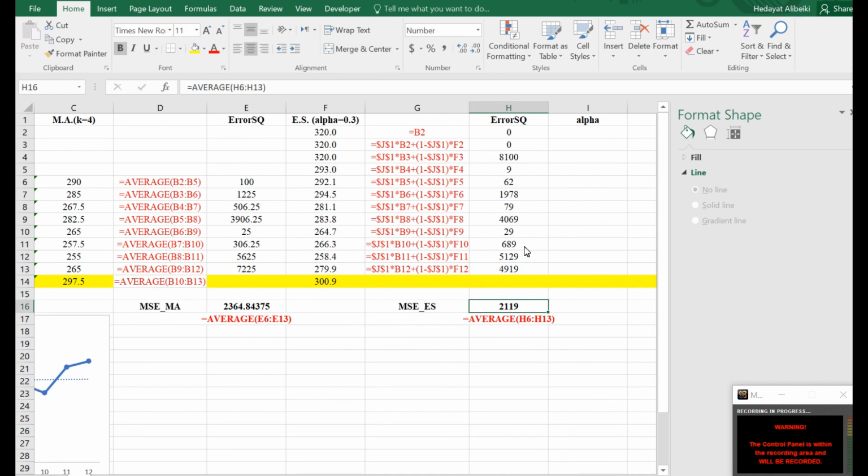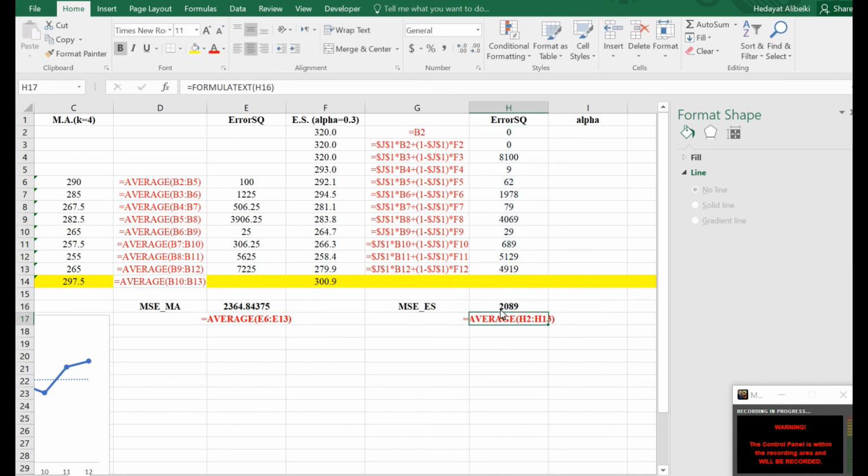So this is the best. If you want to compare 2 methods, it's always best to compare the same corresponding cells. But even in here, because you have error squared from period 1 all the way to 12, even if you put F2 to F13 instead of H6, that's still okay.